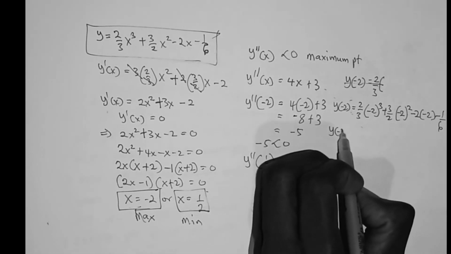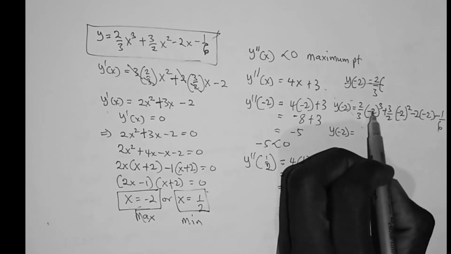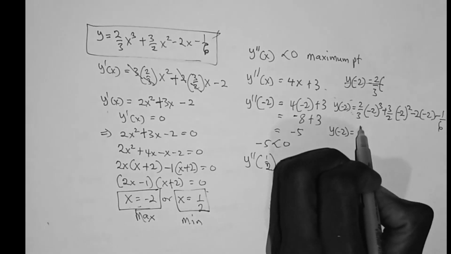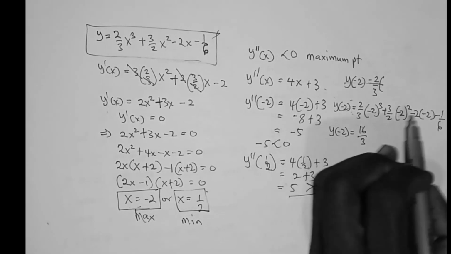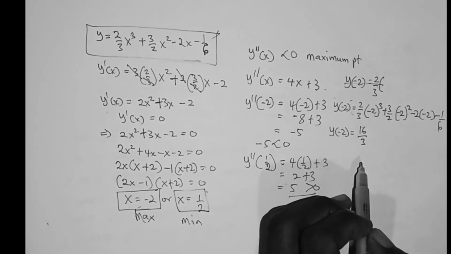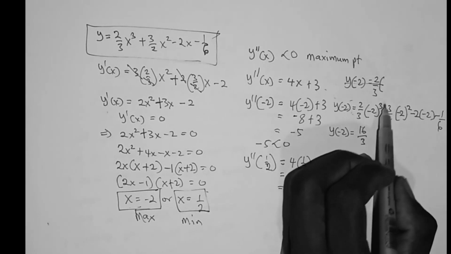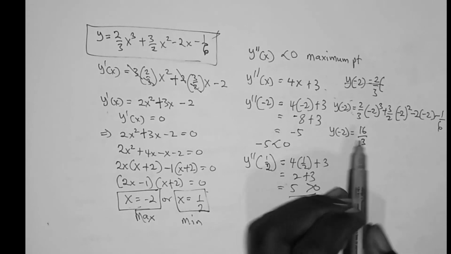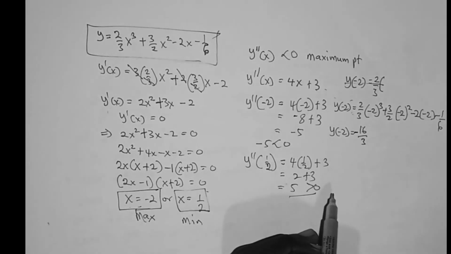So y of minus 2 is equal to minus 2 cubed is minus 8. And minus 8 times 2 is minus 16 over 3.